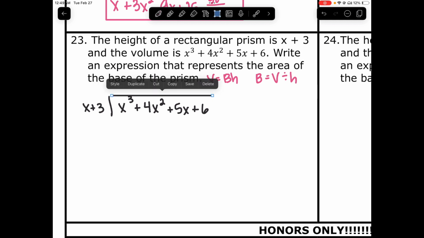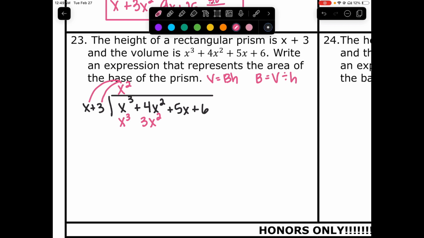So we need to multiply by x squared, because x squared times x will give you x to the third, and that's what we want. x squared times this is just going to give you 3x squared.